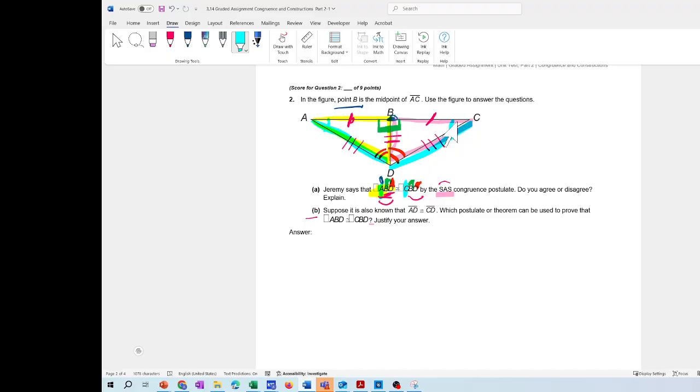Which postulate or theorem can be used to prove that triangle ABD is congruent to CBD? Okay, so you already know that they're congruent. So which postulate would it be? So you're going to go to the postulate area, postulate theorem, and you're going to tell me what you're going to be using to prove that. Okay?